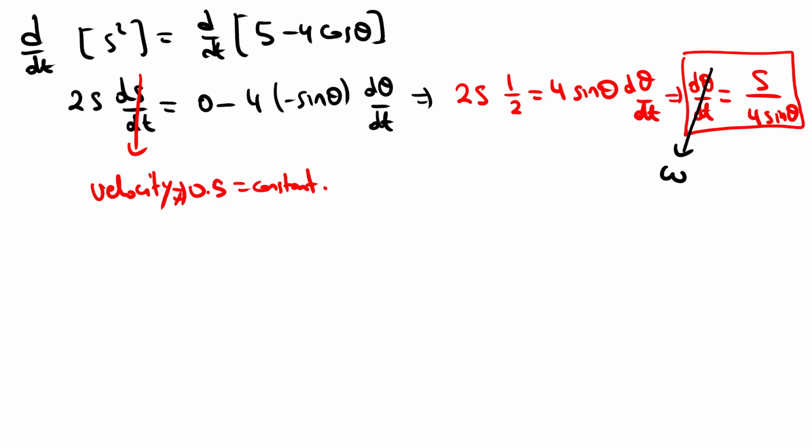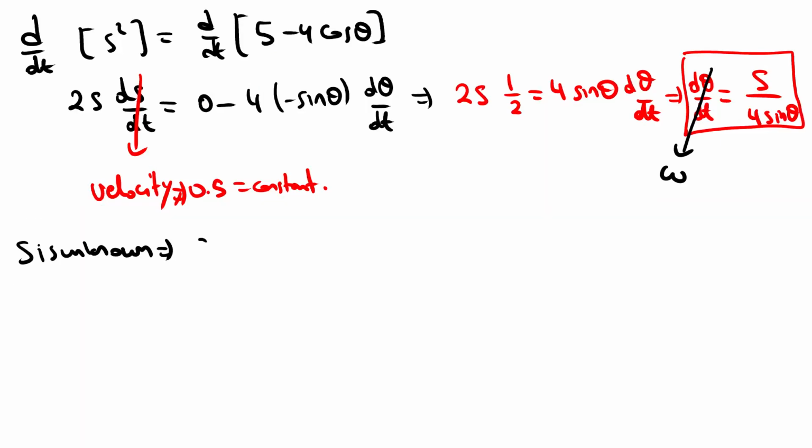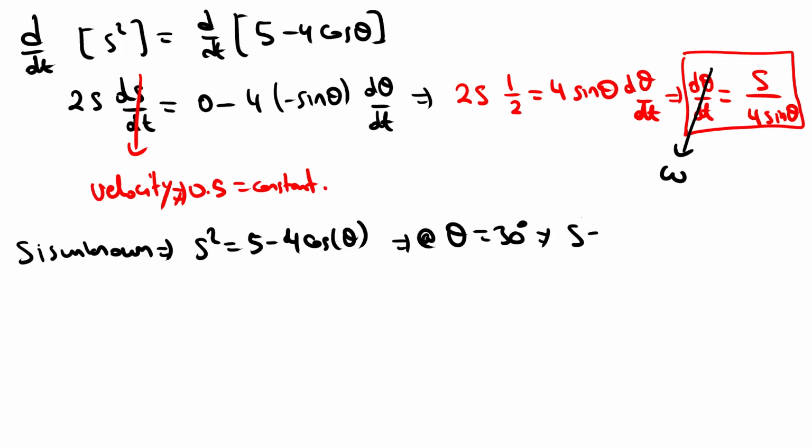So S is unknown, but I know that S squared is 5 minus 4 cosine theta. At theta equal to 30 degrees, S is the square root of 5 minus 4 cosine 30.